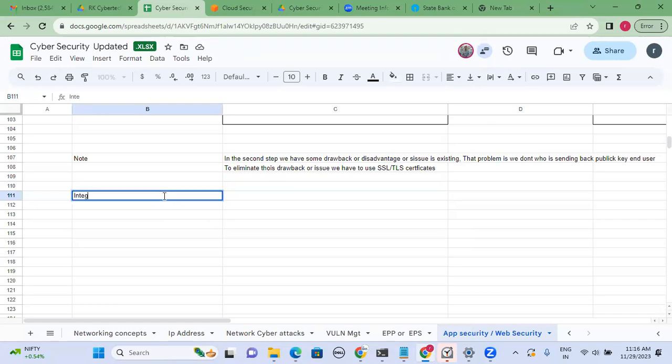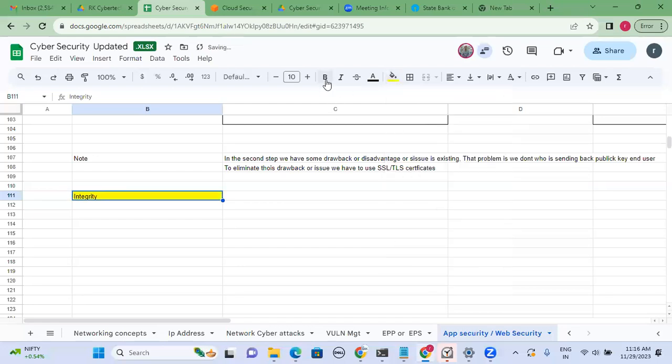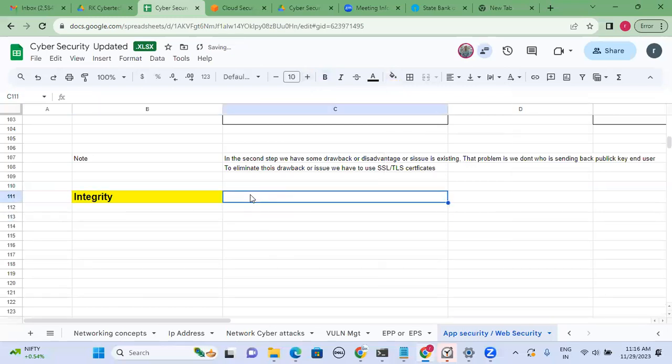Now I'll discuss integrity. What is integrity? We already discussed integrity. What is integrity? An authorized person can add, delete, and update the file. Yes, correct. So trustworthiness of the data. Secure.